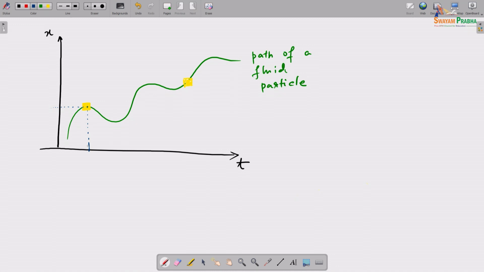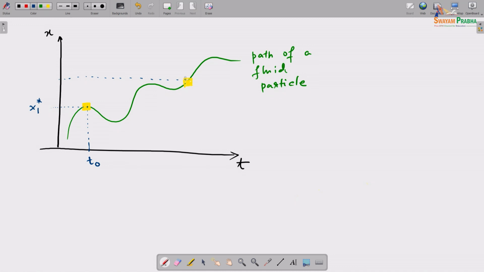Since I am talking about a particle, I am going to label the corresponding properties with a subscript star. Let us say this is x1 star. The star essentially represents that I am representing the location of a particle of fluid. And this one is at time t naught.